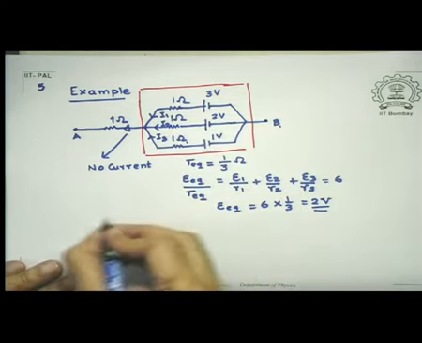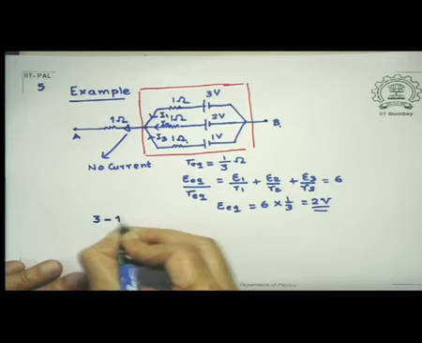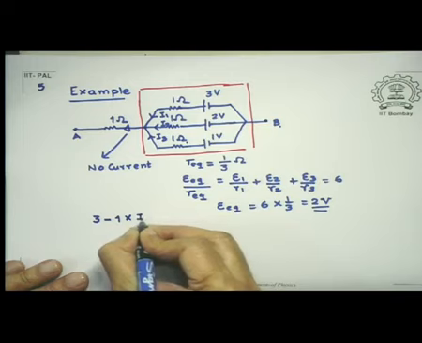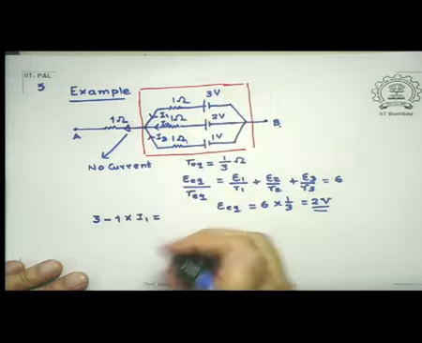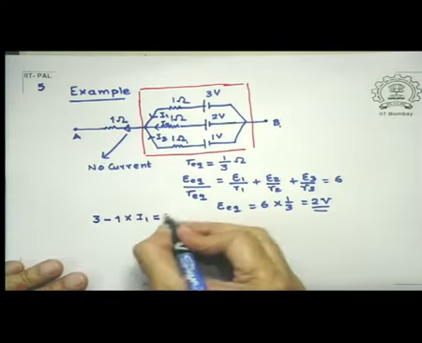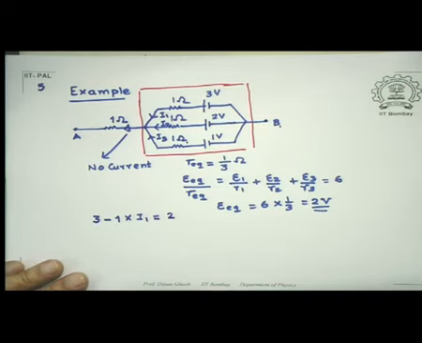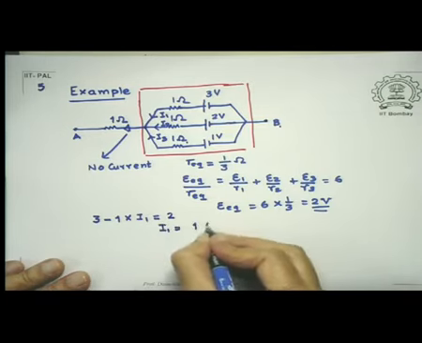So my equation is 3 minus 1 ohm into I1. That must be equal to the potential difference between these two, which, because there is no current, is the same as 2 volts. Which tells me that I1 is simply 1 ampere.